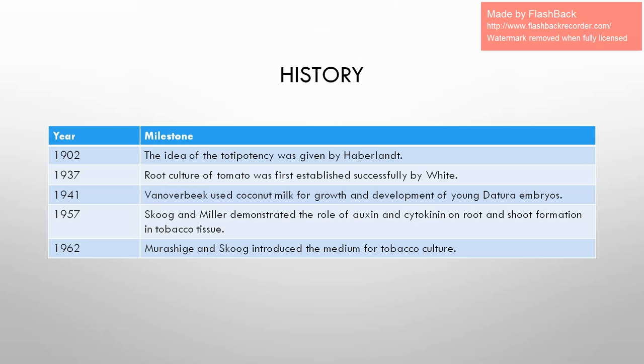Then, in 1941, Van Overbeek used coconut milk to grow and develop young Datura embryos. Then in 1957, Skoog and Miller demonstrated the role of auxin and cytokinin on root and shoot formation in tobacco tissue. In 1962, Murashige and Skoog introduced the medium for tobacco culture.